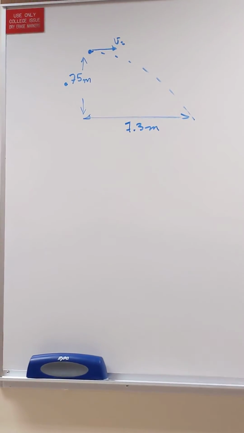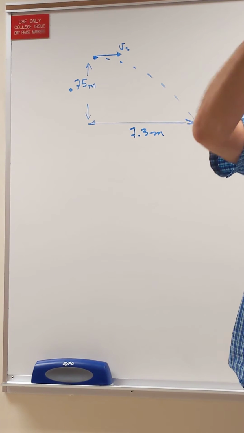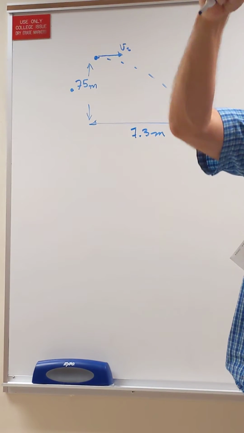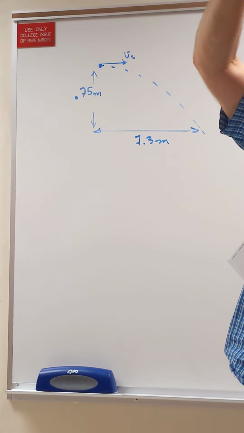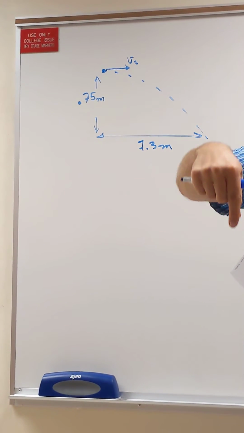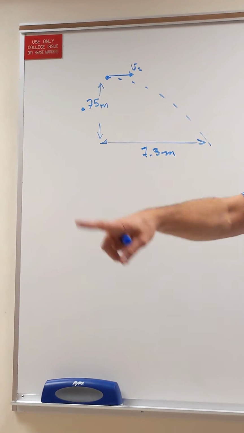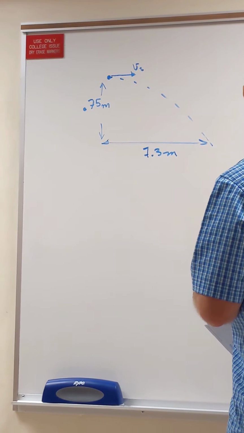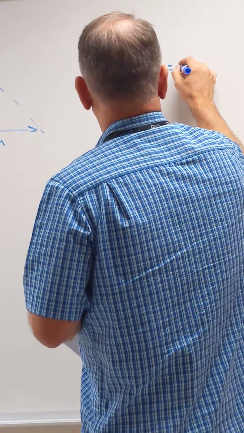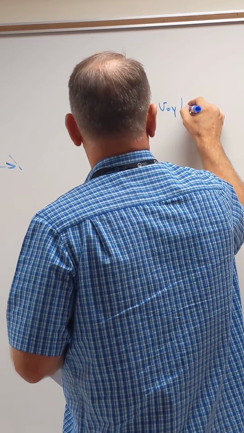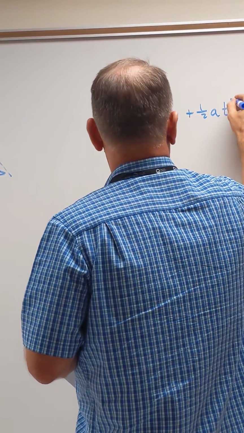Okay. And if you recall, when something rolls off the desk or comes out of the gun or whatever, its velocity in the y direction initially is 0, and it takes some amount of time for it to hit the ground. We need that time to help us find V2. So do you remember how to do that? y minus y naught is equal to V naught y times t plus 1/2 a t squared.